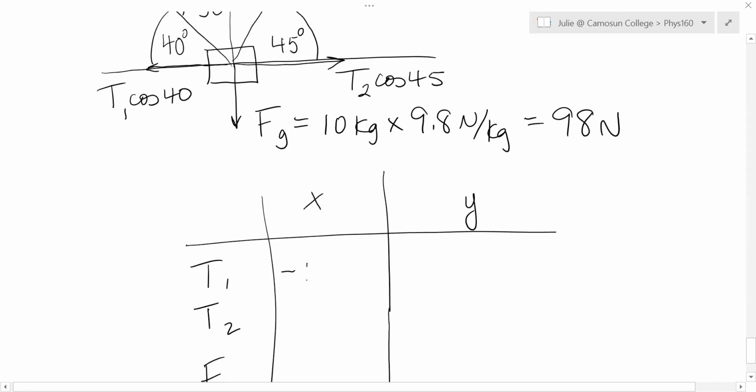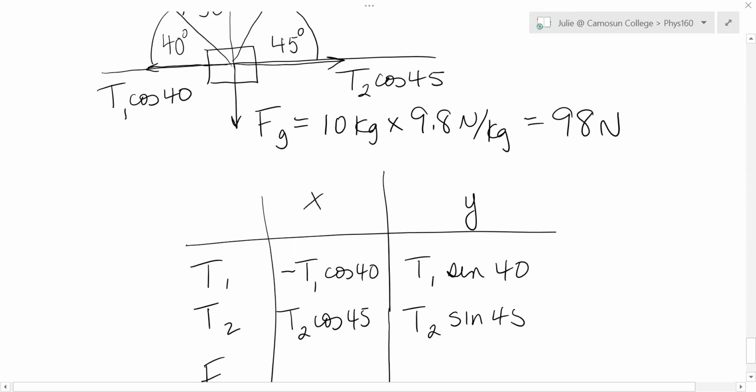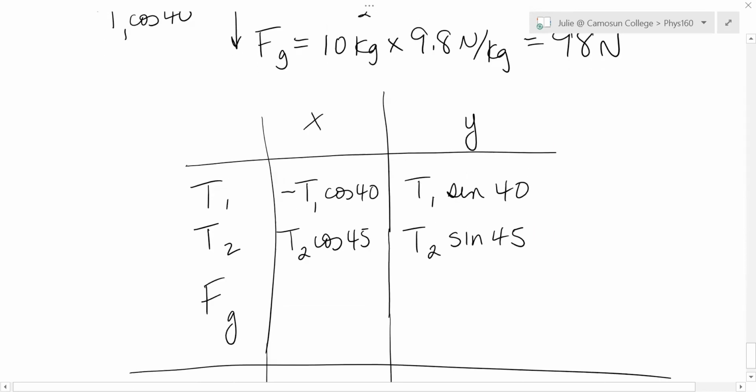So it's negative because it points left, T1 cos 40. And then y is up, T1 sine 40. T2x is T2 cos 45 and T2 sine 45. And then FG is 0 and 98, negative because it's down.